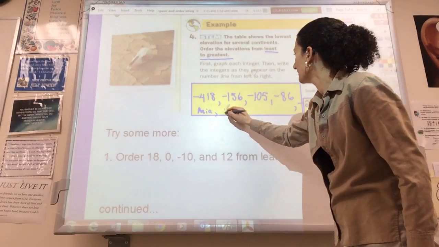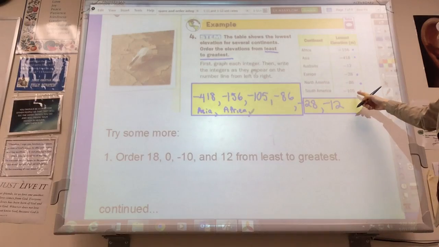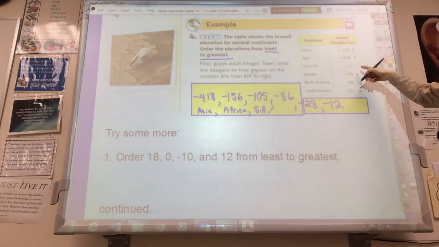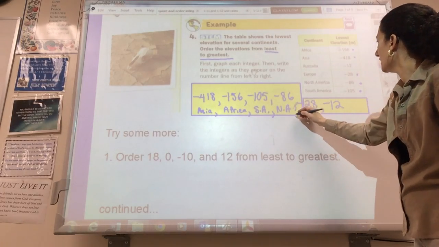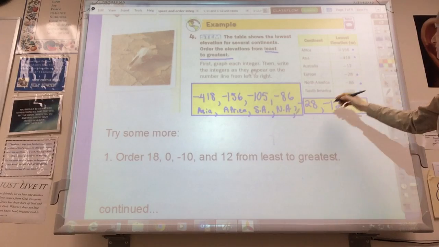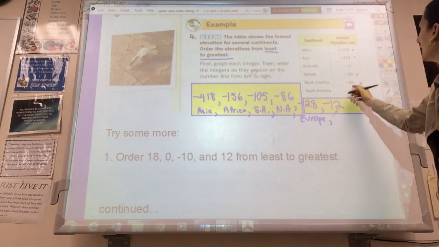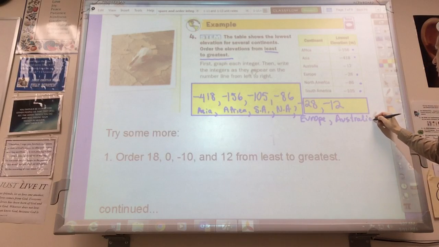Then Africa, -105 was South America. I'm going to use SA. -86 was North America. -28 was Europe. And the -12 was Australia. So that's how you would order numbers from least to greatest.